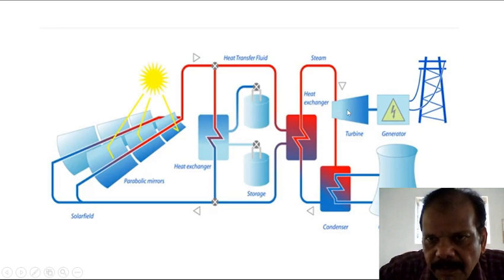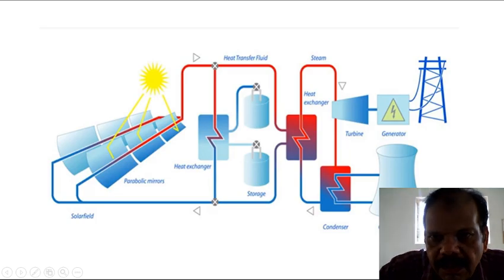The low temperature, low pressure fluid coming out of the turbine can be cooled again using condensers, and the phase will change from steam to water, and this working fluid can be used again in a cycle. This condenser will get its cold water from the cooling tower, just like in thermal power plants. So this is the working principle of a solar thermal power plant which uses a parabolic trough system.